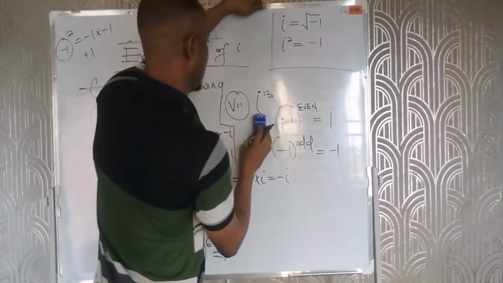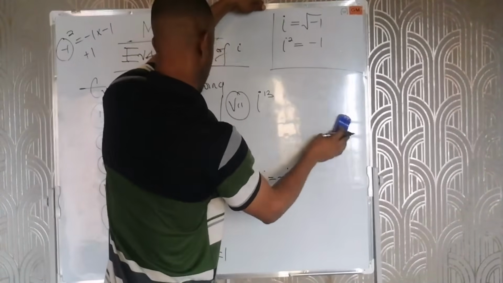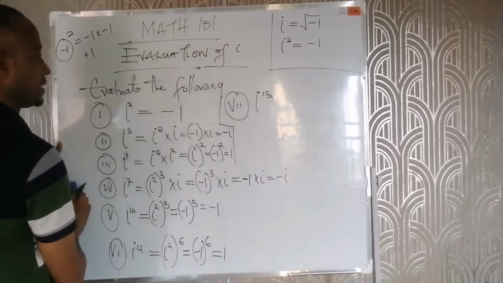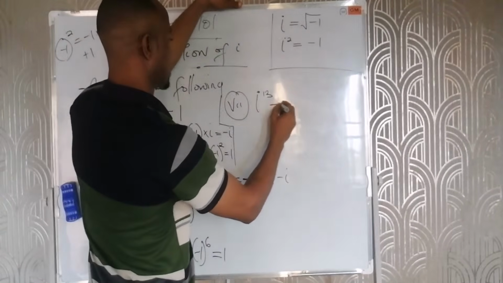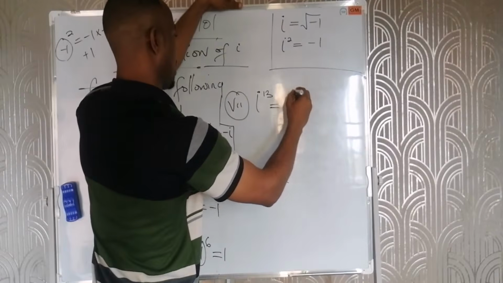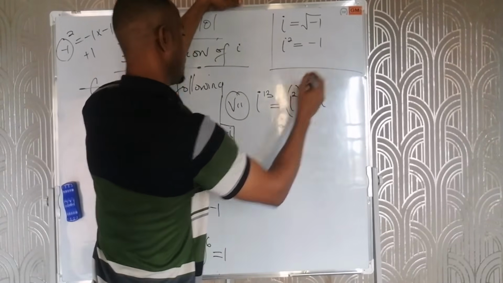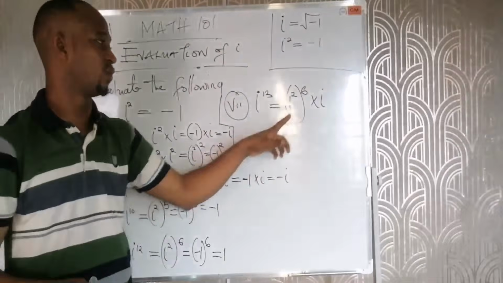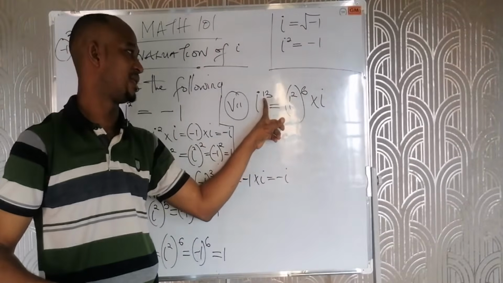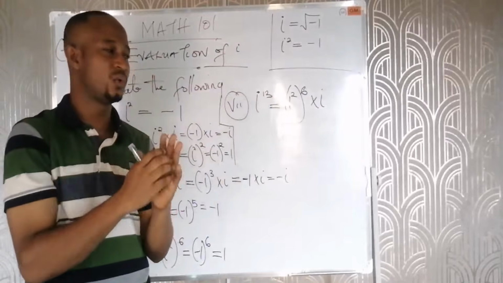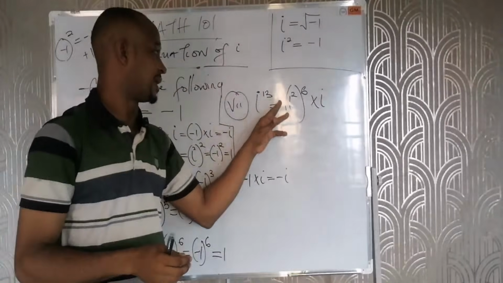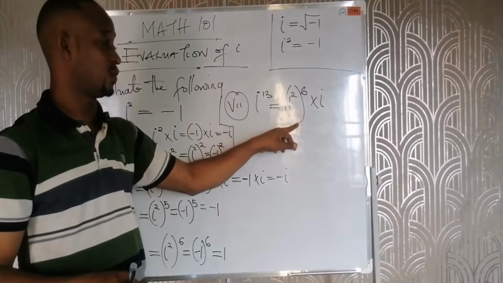The next question here is i raised to power 13. To evaluate this, it can be split into i squared raised to power 6 times i. There is no direct number I can multiply by 2 that gives me 13, but I have a number close to 13, which is 12.